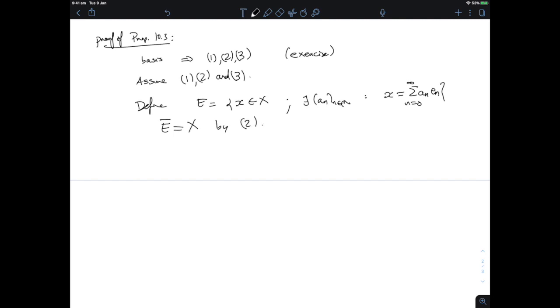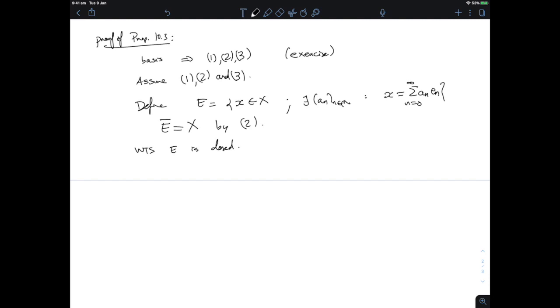The span is dense in X, and any finite linear combination of the En is going to be in E. So by taking limits of these things, you definitely get any element in X. So what we really want to show now is that E is also closed. Then this would tell us that every element x has a decomposition. Then we'll still have to prove that it is unique. So let us prove that E is closed.